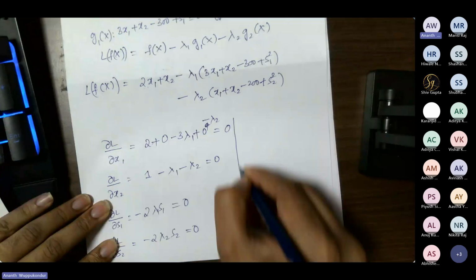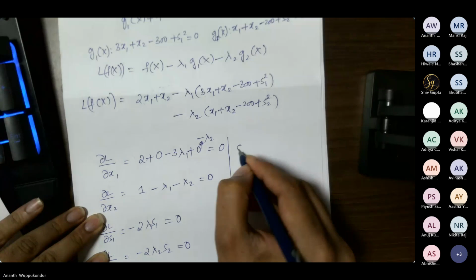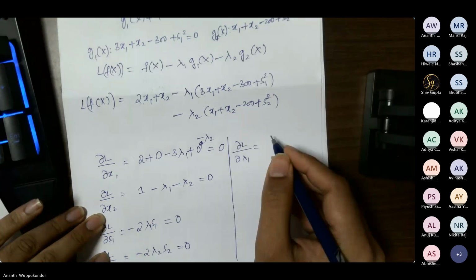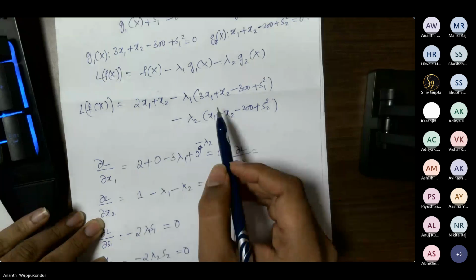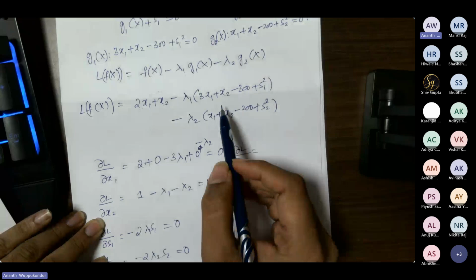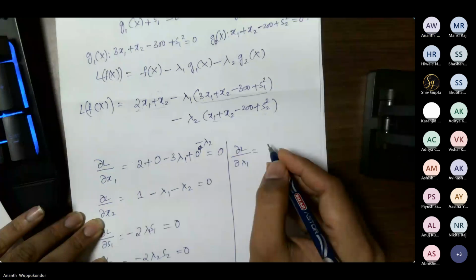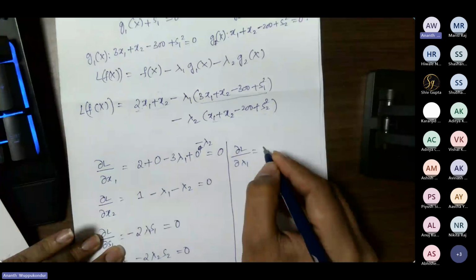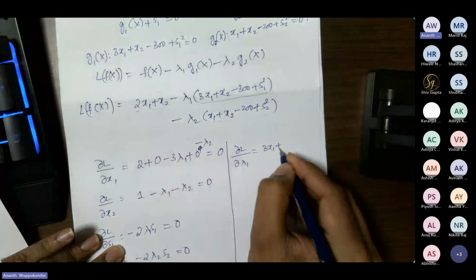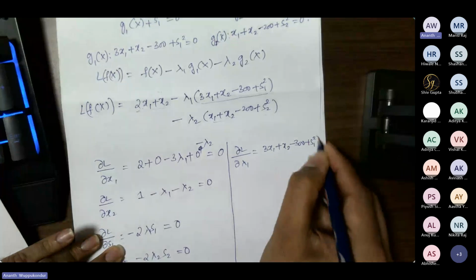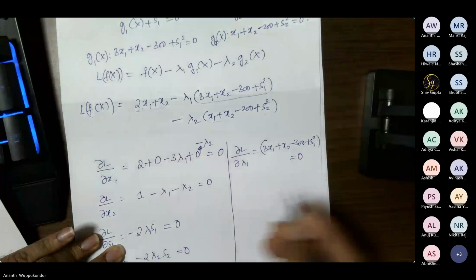And now if I differentiate it with respect to lambda 1, all the other terms will become 0 except this. So what we would get is 3x1 plus x2 minus 300 plus s1 square equals to 0.